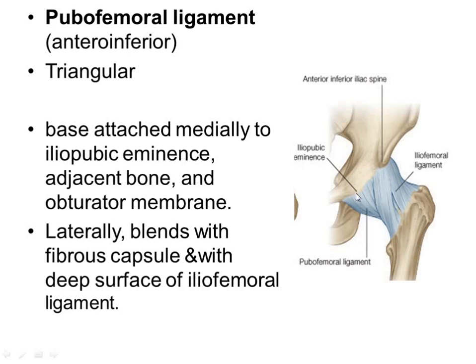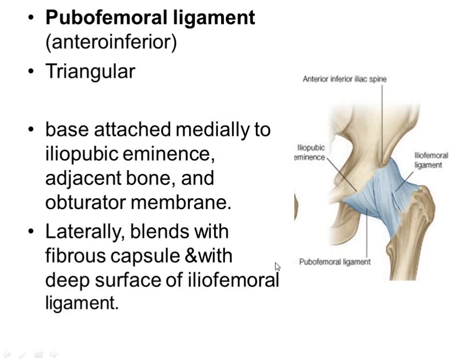Laterally, the pubofemoral ligament blends with the fibrous capsule which is present internal to it, and with the deep surface of the iliofemoral ligament. Internal to these ligaments is the fibrous capsule, and externally these ligaments support the fibrous capsule: iliofemoral anteriorly and pubofemoral anteroinferiorly.